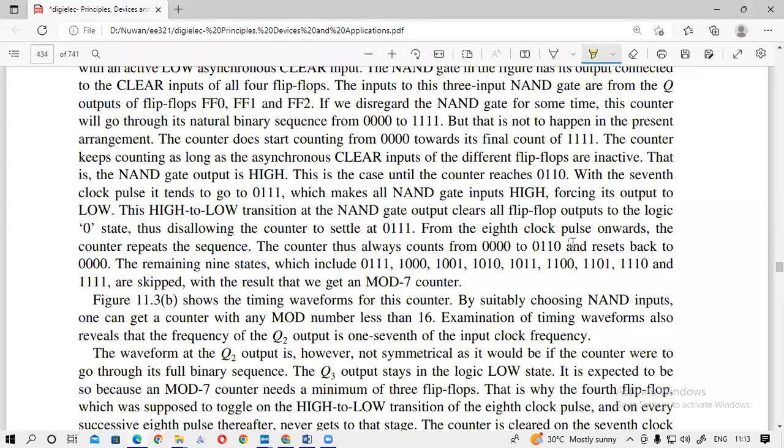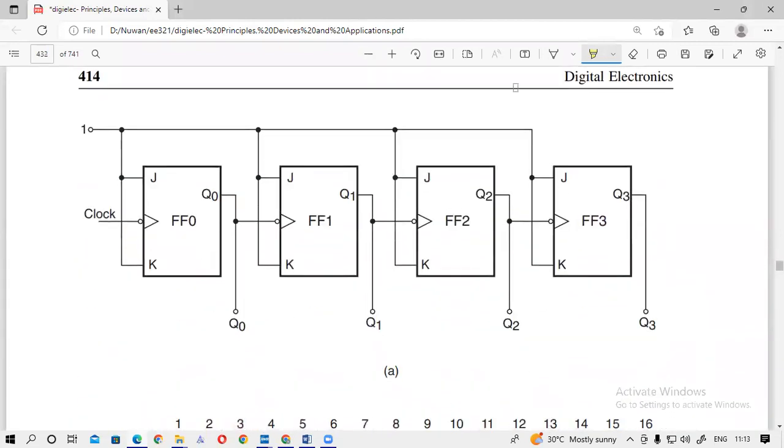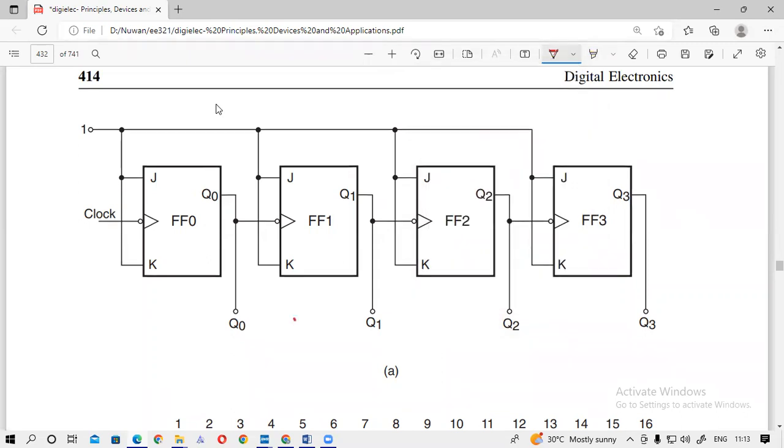So I think we have done the basic operation. Last week we have seen, actually, we get only a part of this circuit. We get only two flip-flops.